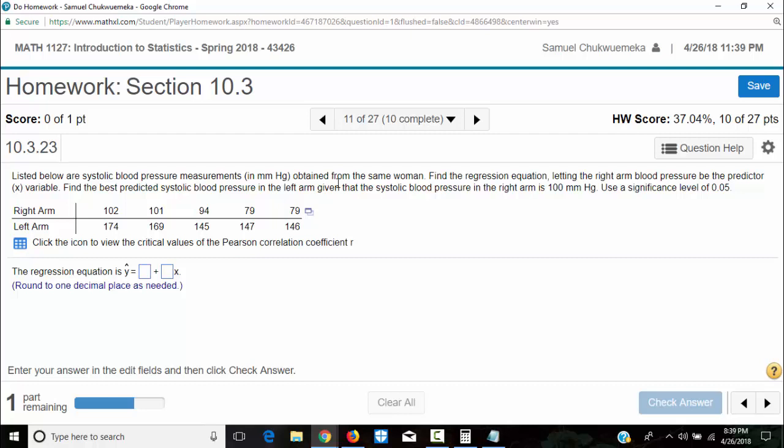Find the regression equation, letting the right arm blood pressure be the predictor variable. Find the best predicted systolic blood pressure in the left arm, given that the systolic blood pressure in the right arm is 100 millimeter mercury. Use a 5% significance level.